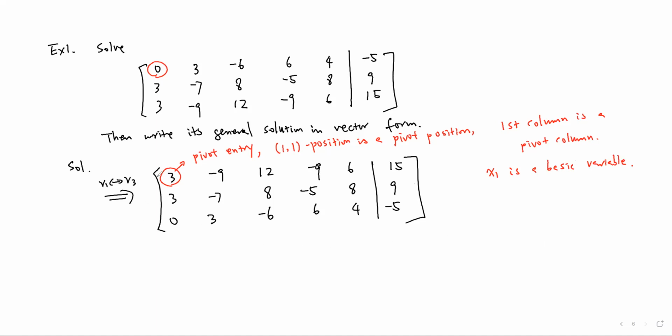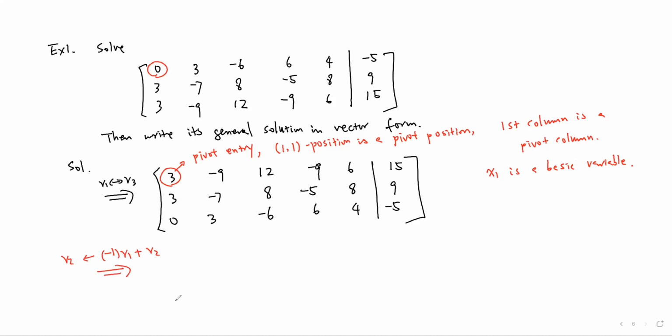Now I use this number to eliminate this number. So -1 times row 1 plus row 2. Put the result in row 2. Don't put the result in row 1.